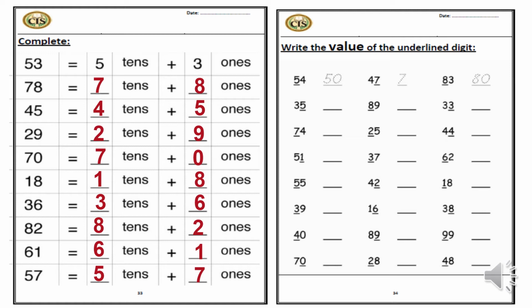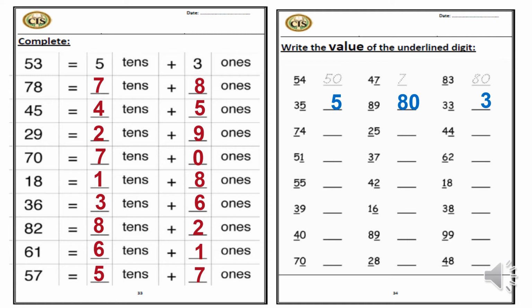We have here number 35, 5 here in ones, so its value equals 5. Okay, next we have here 89, 8 here in tens, so its value will be 80. We have here number 33, here 3 in ones place, so its value equals 3.